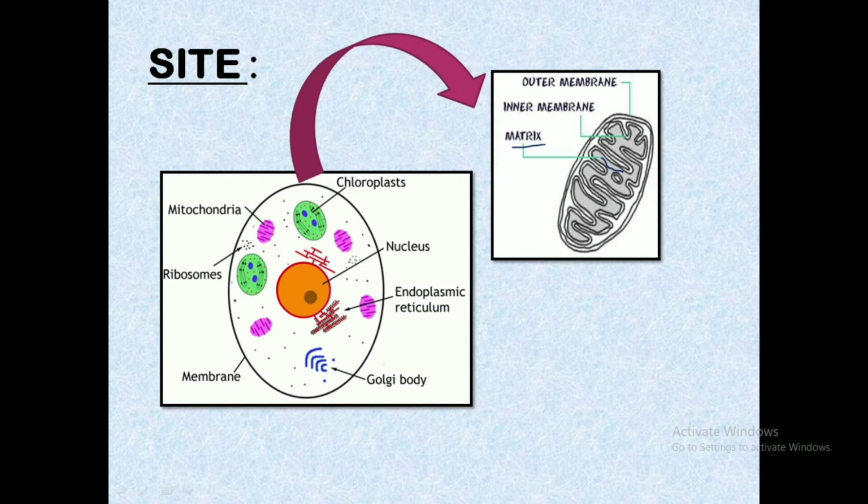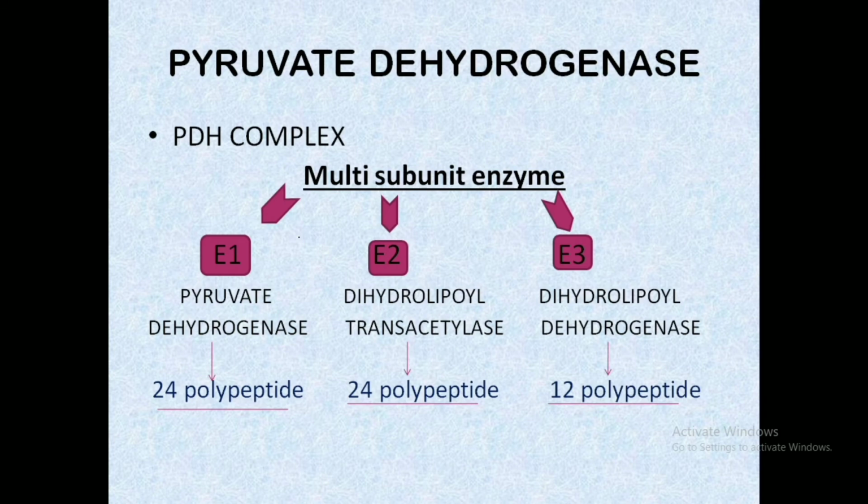Let's talk about the pyruvate dehydrogenase enzyme, which helps in the complete acetyl coenzyme formation. It is a multi-subunit enzyme because it consists of 3 units, that is E1, E2 and E3. We need not go into the depth of the functions of these units.